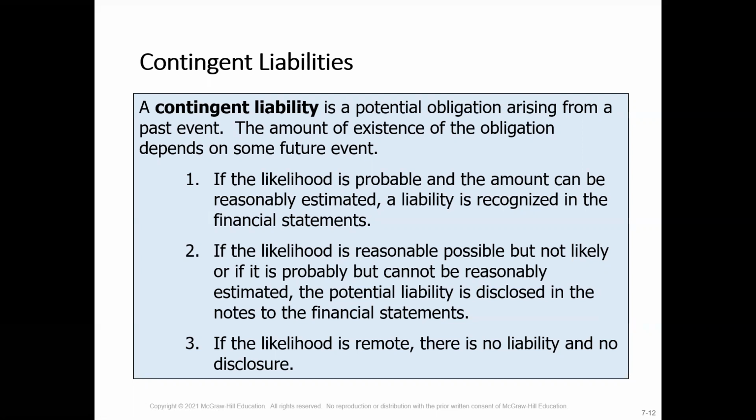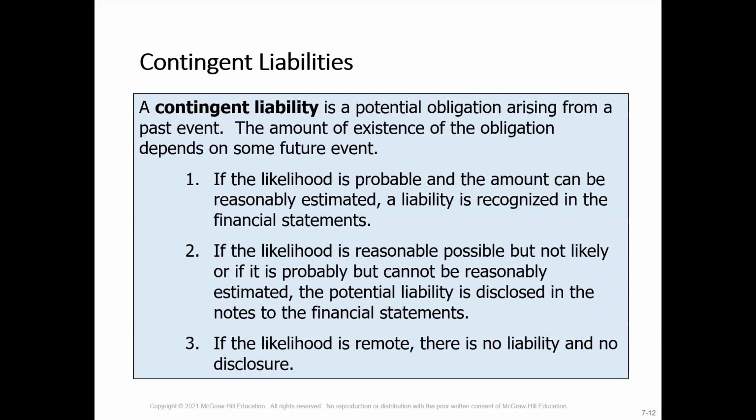The criteria here, which are presented, same criteria, which are about 2/3 of the way down the page on page 250. It all depends on the likelihood. And most often, contingent liability, you're talking things like warranty obligations, or even the potential of a lawsuit settlement.